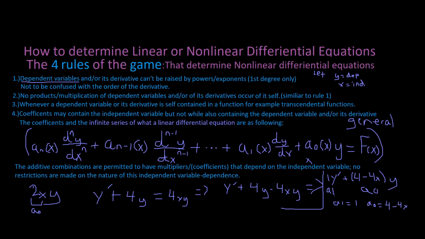Number 4, we could have, like I said, 4 minus 4x of y, and that will satisfy the bottom half of this, but we can't have 4y, so we can't have something like this.